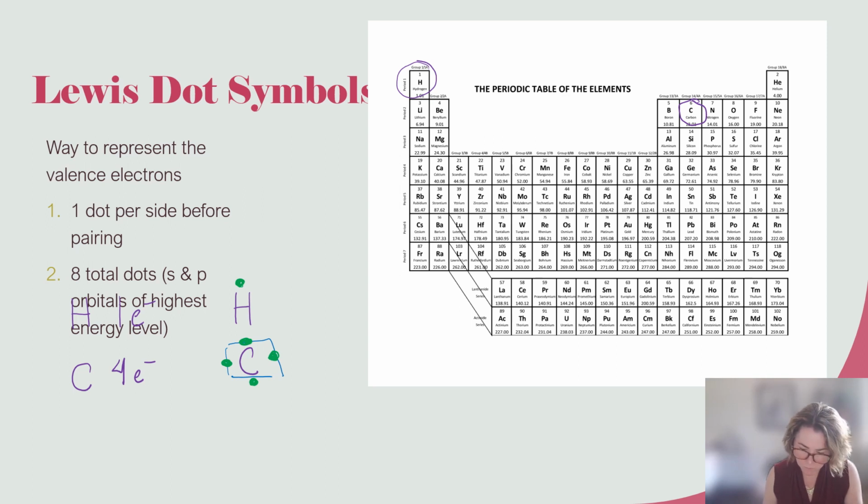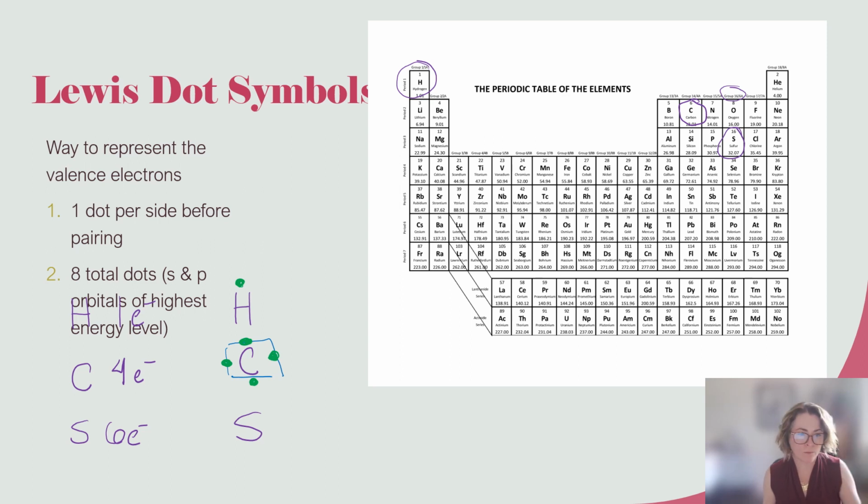Okay, let's do sulfur next. So sulfur is right here, and sulfur sits in group 6. So sulfur has 6 valence electrons. And to do my Lewis symbol, again, I want you to picture that imaginary box around your element.